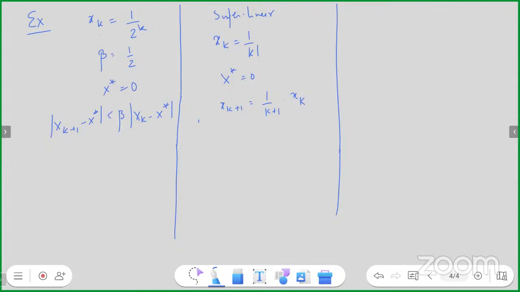Here beta is fixed to be half. Here it is 1 by k plus 1. What other possibilities you have? 1 by k to the power k. But what is x_k? x_k is 1 by k to the power k.